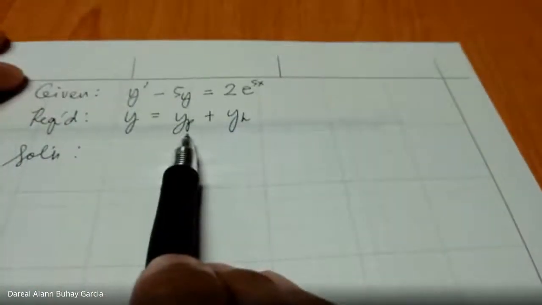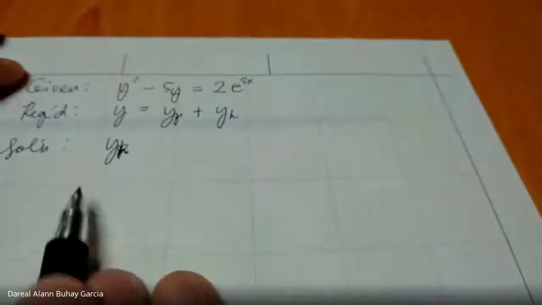Okay. First, let's find y sub h, the homogeneous solution. So we equate the given to 0: y prime minus 5y is equal to 0.